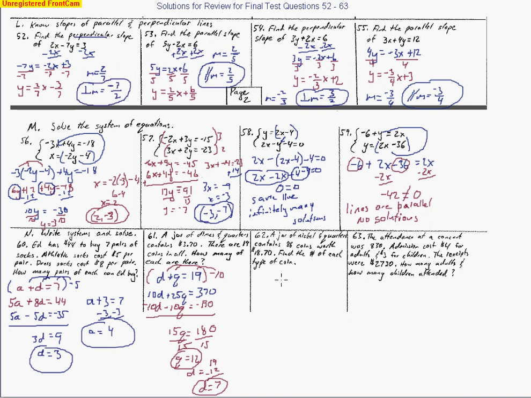It's the same type of problem, but this time we have nickels and quarters. So N plus Q equals, looks like 86 coins. $18.70 is what we have in those coins. So 5N plus 25Q all equals 1,870 cents. So let's go ahead and multiply that top equation by negative 5, each of those numbers.